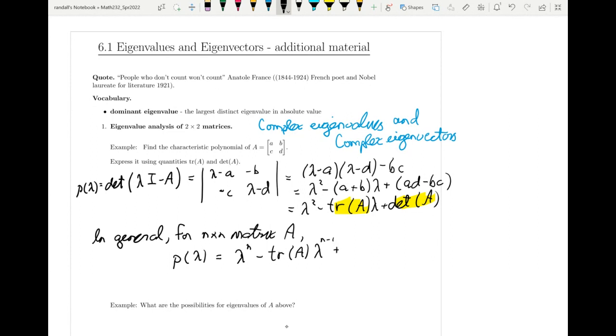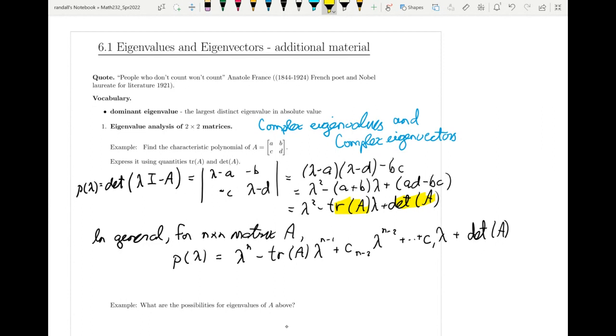And then you have the middle terms here, some constants, for which there is no simple formula, you'll have to compute them. And we work our way down until we get to the power 1 of lambda, and then the constant term turns out again to be the determinant of A.